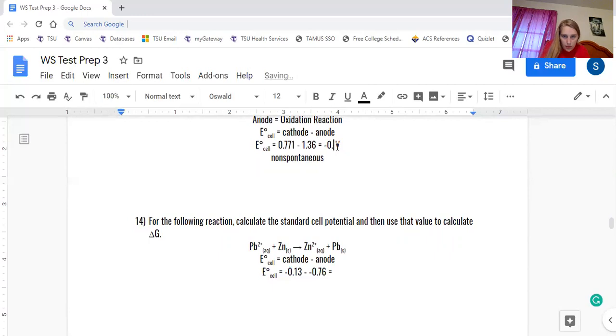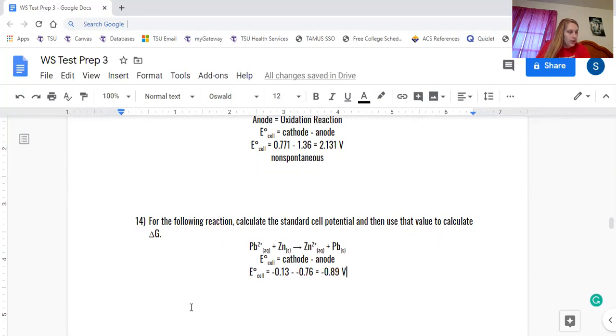That's the one for down there. I just wrote the wrong one. That answer doesn't even make sense up there. Sorry. Okay, so this one is our negative 0.89 volts.